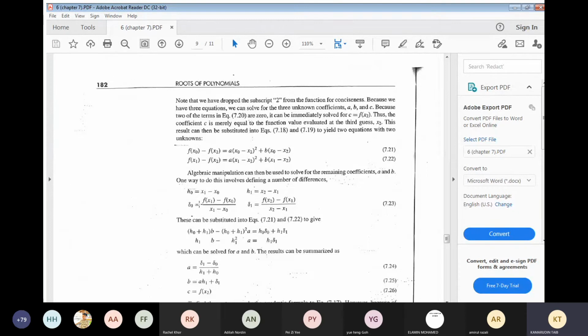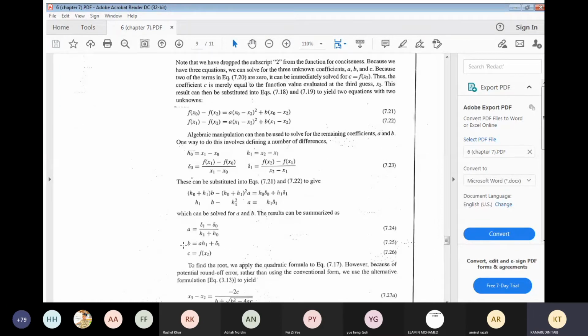Then you calculate your delta 0 and delta 1, the increment values for the function with respect to the initial points. Then substitute in the assumed parabolic function we got here. Subsequently we solve for a and b from these two simultaneous equations, and also the constant c.